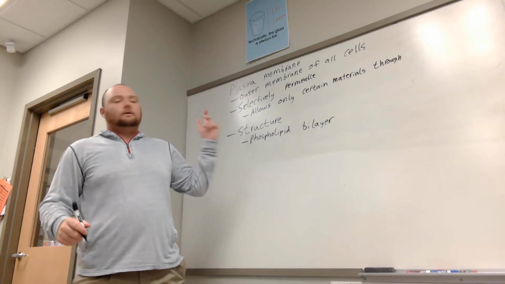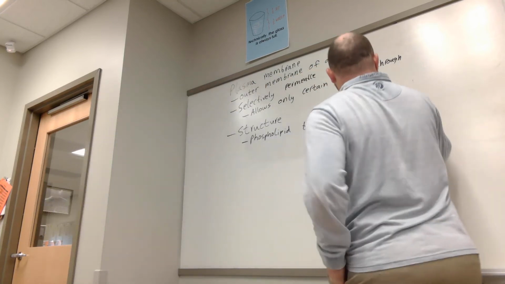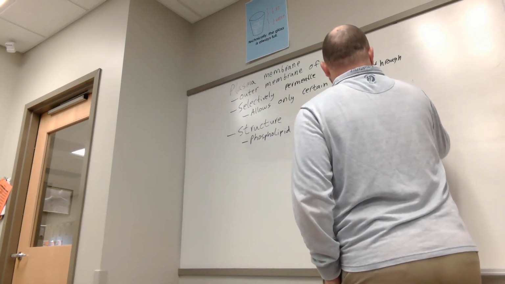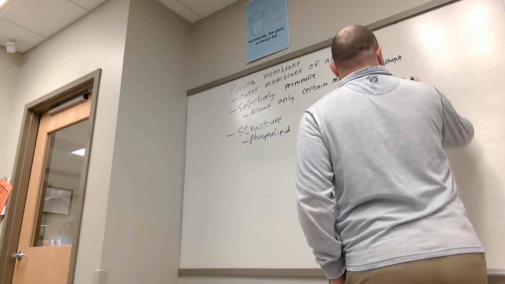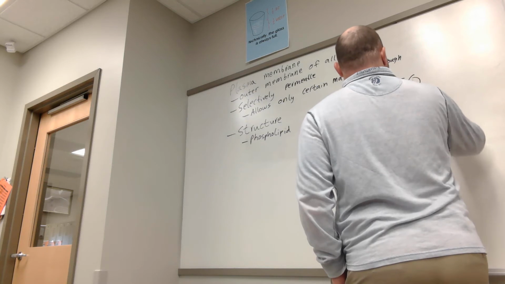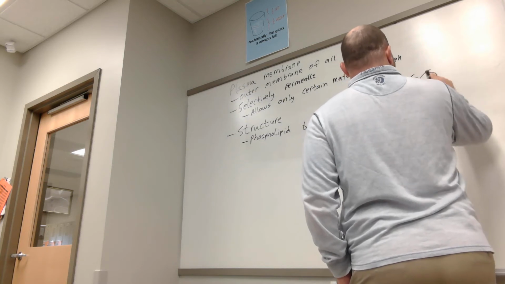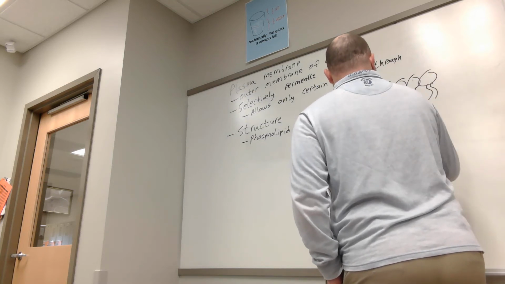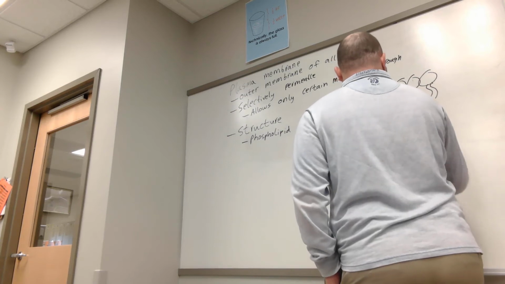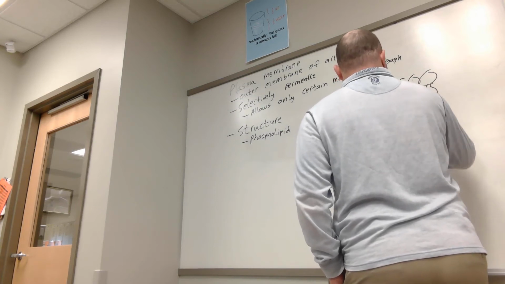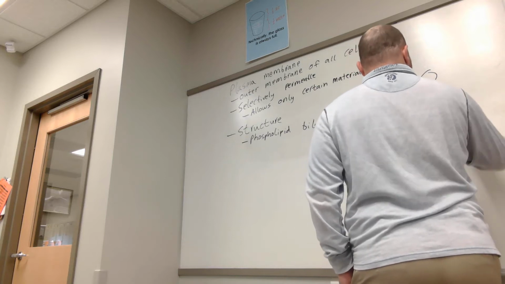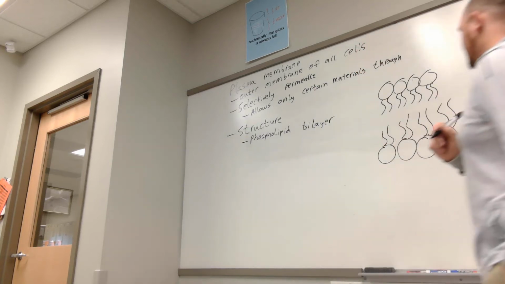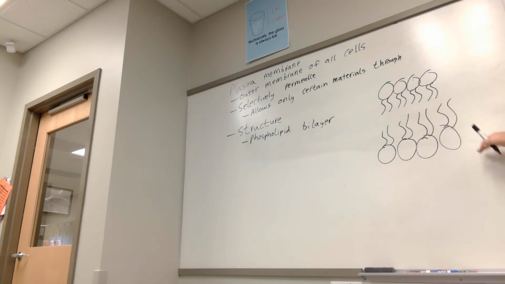Phospholipids are generally drawn like that. And if we were going to draw a quick example of a phospholipid bilayer, it looks something like that. Two layers with these.